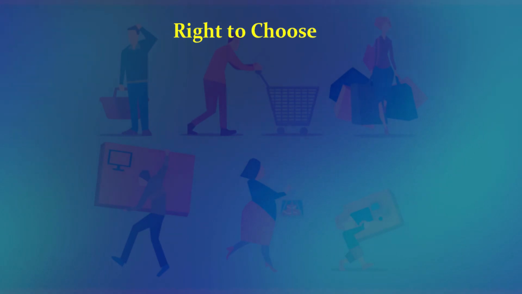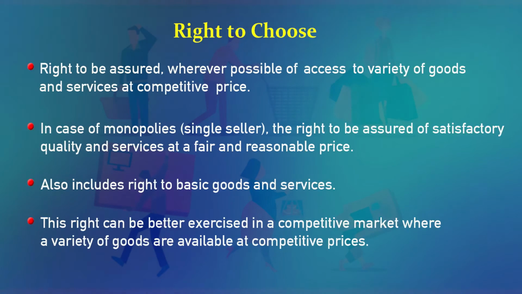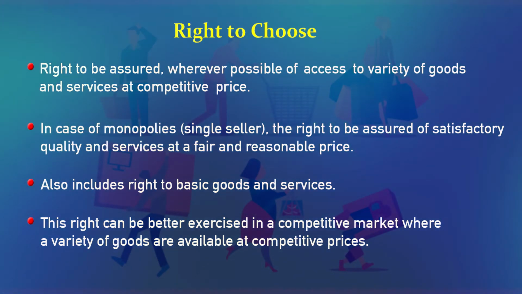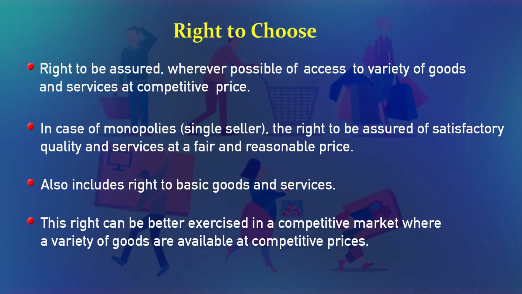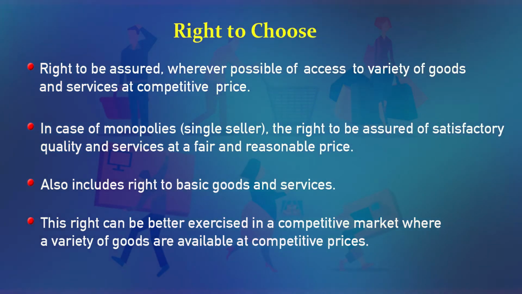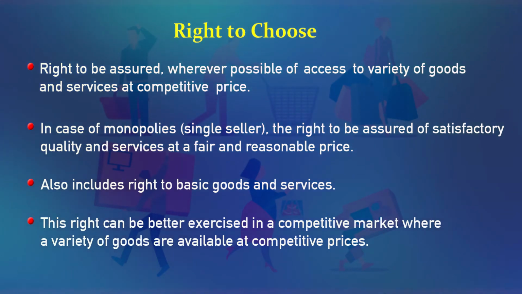Then the next right is the right to choose. As consumers, we have the right to choose a particular commodity. That means there must be adequate commodity available in the market. Very often, some traders come together, form a cartel, and decide not to release all the brands in the market, even of the same brand.